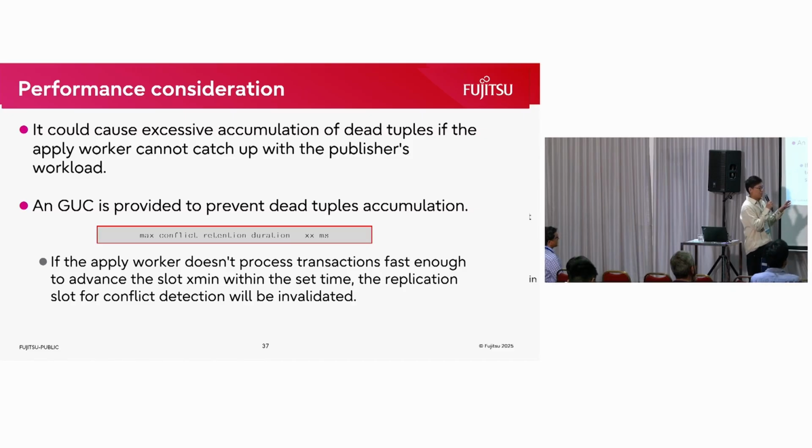This is under discussion, but the current approach is that when the apply worker can catch up again, it will recreate the slot. The apply worker will continue to check if it can catch up now, because we invalidate the slot when the apply worker cannot catch up. Once it can, it will recreate the slot.